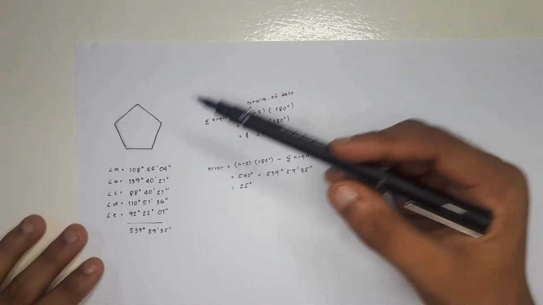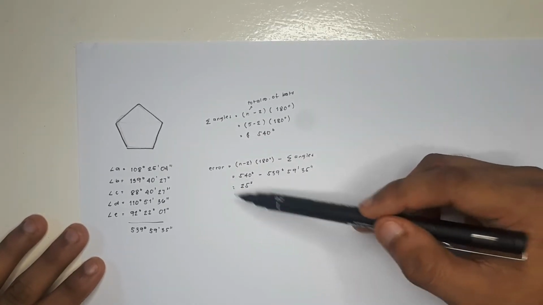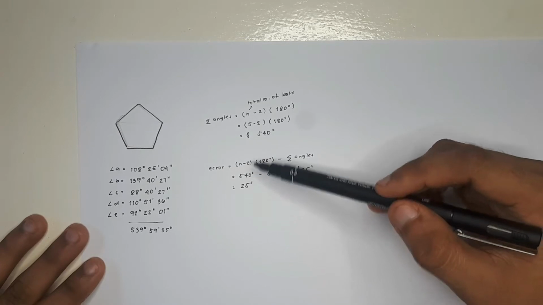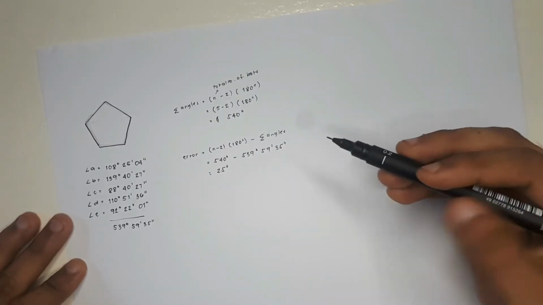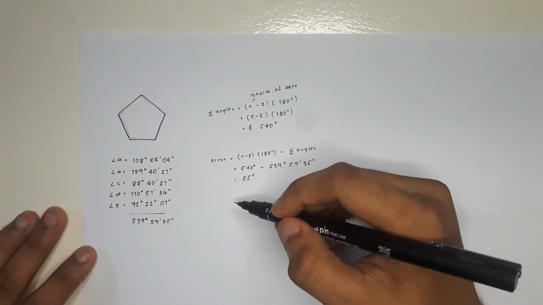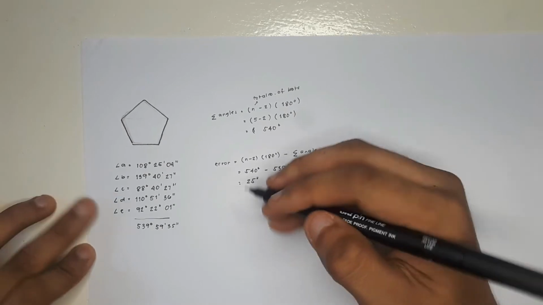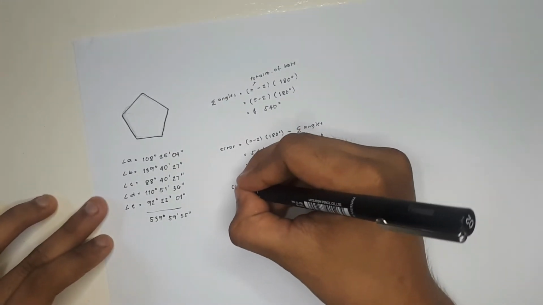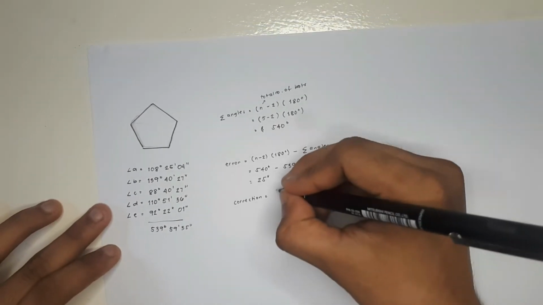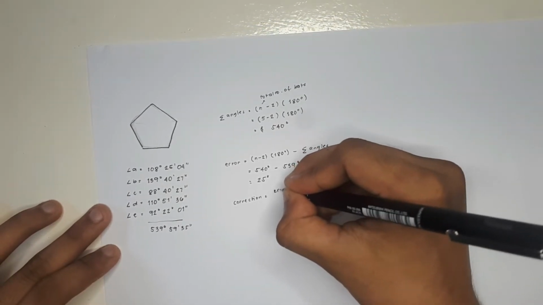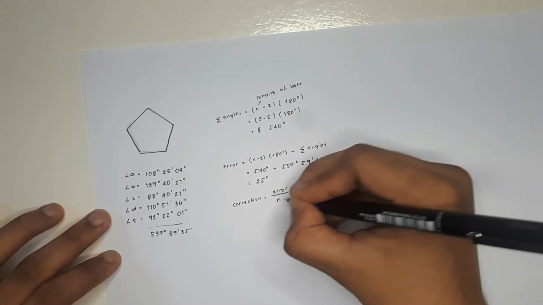To adjust or to correct our angles, to balance our polygon, we need to distribute 25 seconds here to the angles. To get the correction needed to add in each angle, we have the formula: correction is equal to the error divided by the total number of knots.